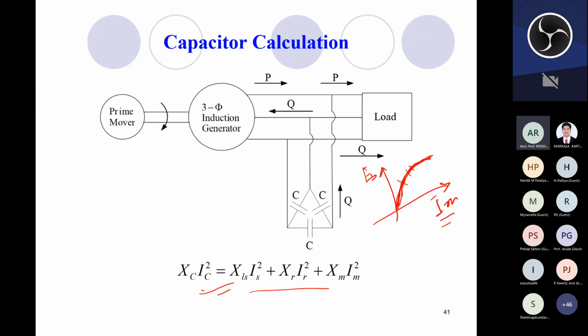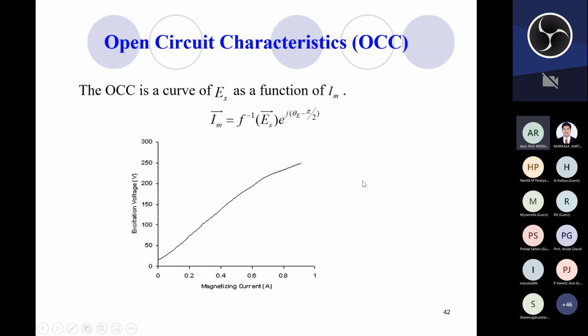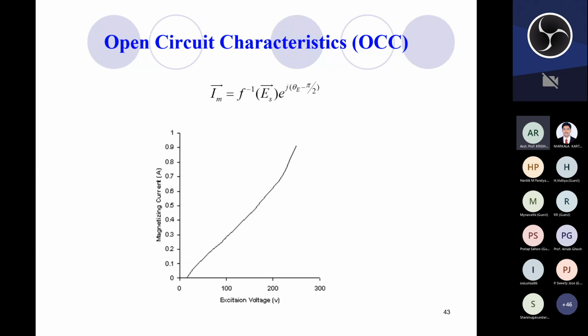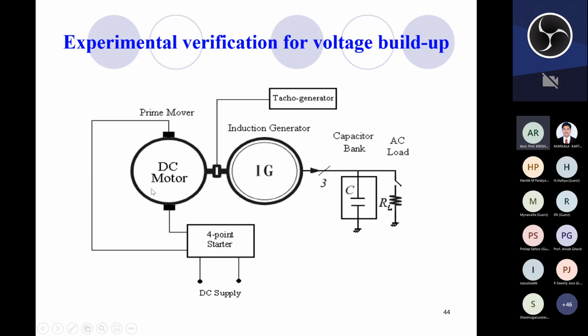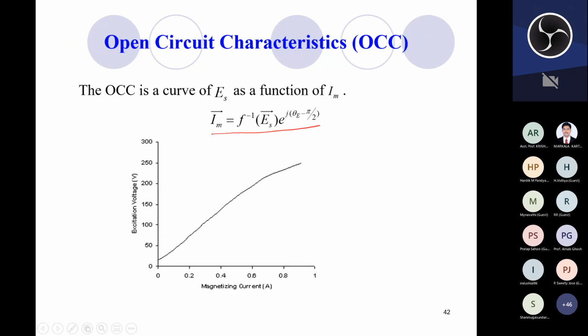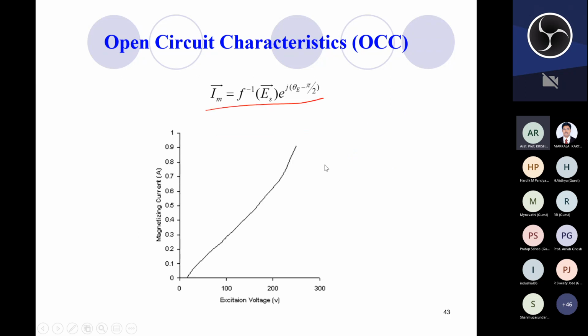We can get the value of Xc, and this equation is also required. You can see Im can be calculated using this equation. So for that we need another curve, which is the plot of this equation. The earlier curve was Es as a function of Im, but this curve is actually Im as a function of Es. So this curve is used to calculate the capacitor using this piecewise linearization technique.